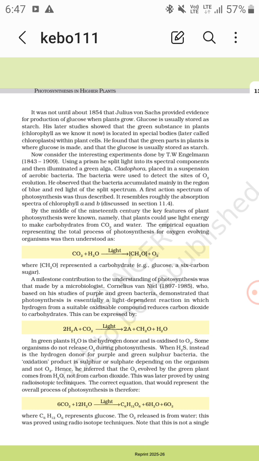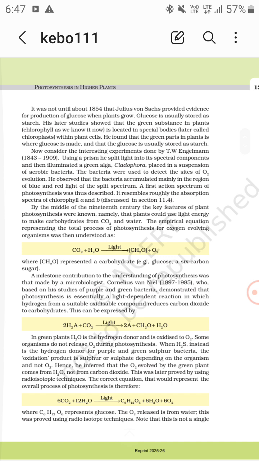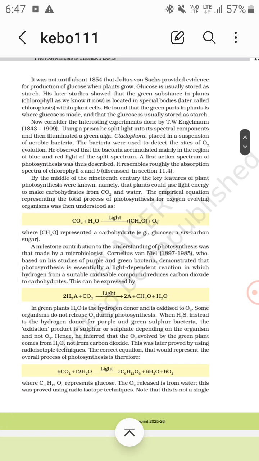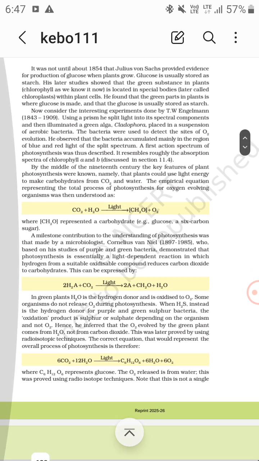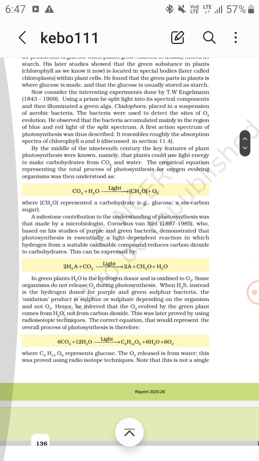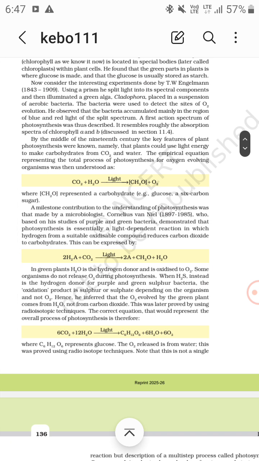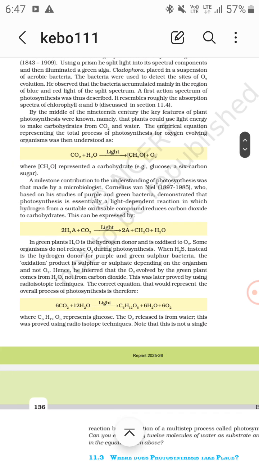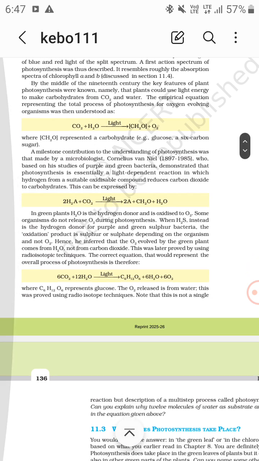So the first action spectrum of photosynthesis was thus described by T.W. Engelmann, and this spectrum, red and blue light, resembles roughly the absorption spectrum of chlorophyll a and b. CO2 and H2O, in the presence of light, form CH2O and O2. CH2O is carbohydrate.